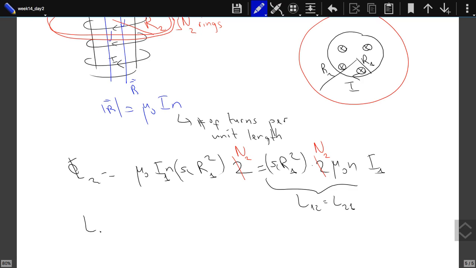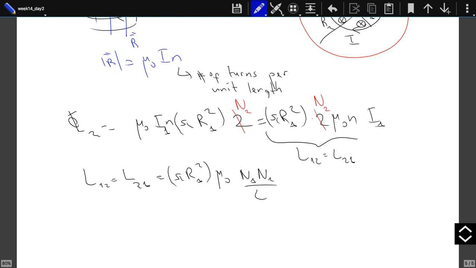So L12 or L21 will be equal to pi R1 squared times mu 0 times N1 N2 over L, where I defined n to be N1 over L.